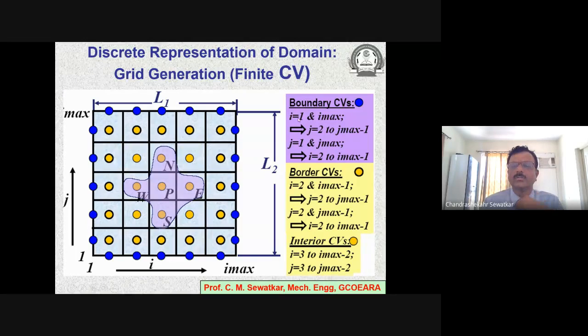For boundary control volumes, that is for blue control volumes, we have the running indices as I is equal to 1 and I is equal to I max, and J is equal to 2 to J max minus 1.